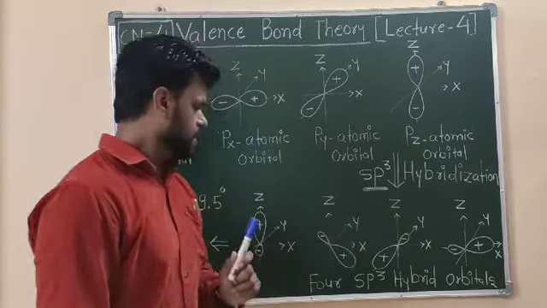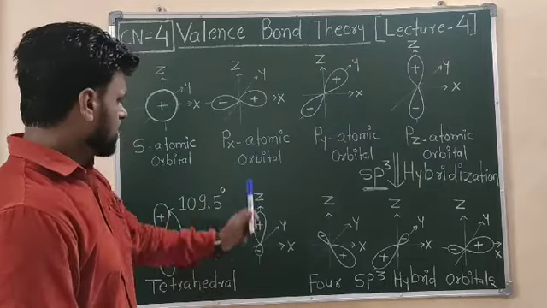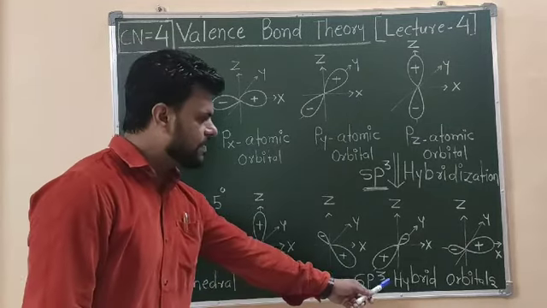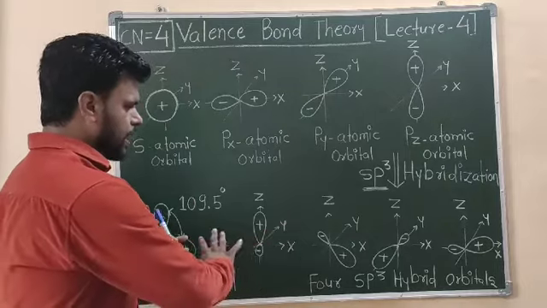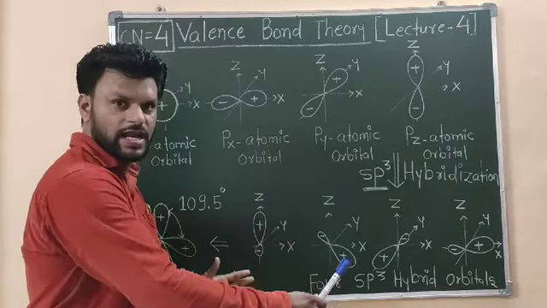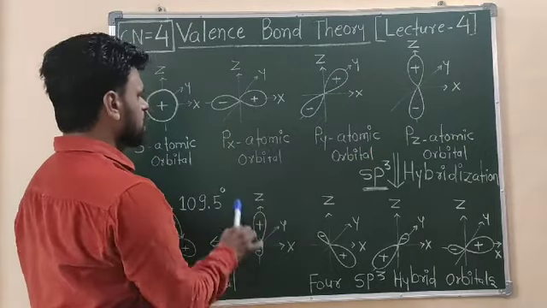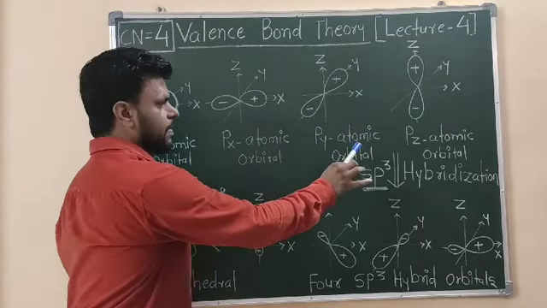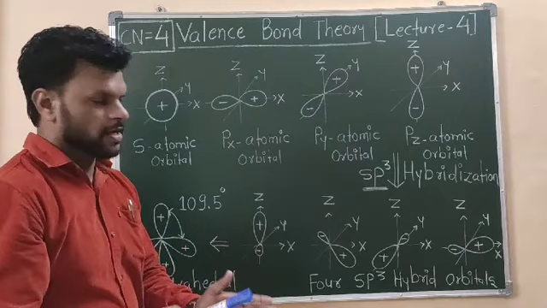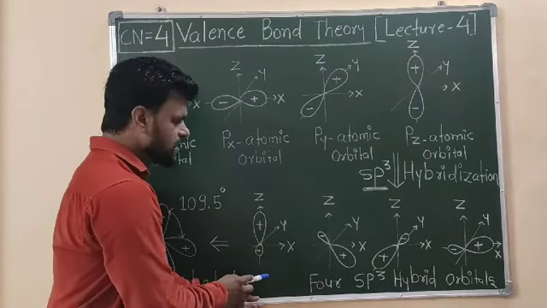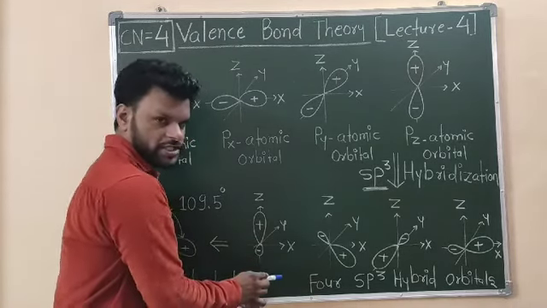On the other hand, please note the point: the 4 sp3 hybrid orbitals are equivalent in shape and energy, and they are significantly different as compared to the pure atomic orbital counterparts. Moreover, their energy has changed drastically.